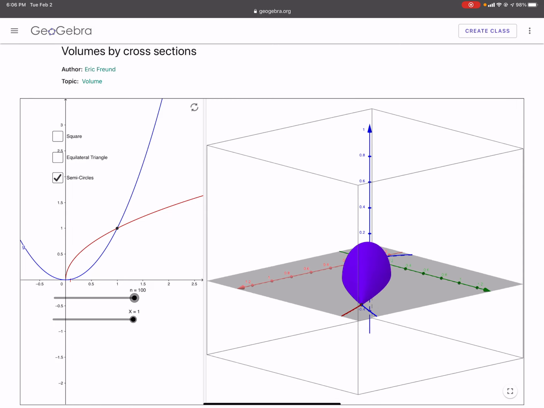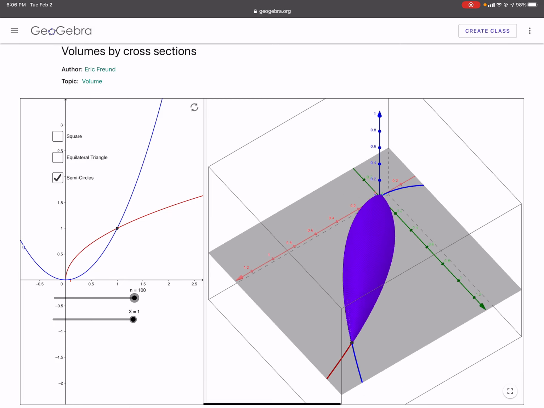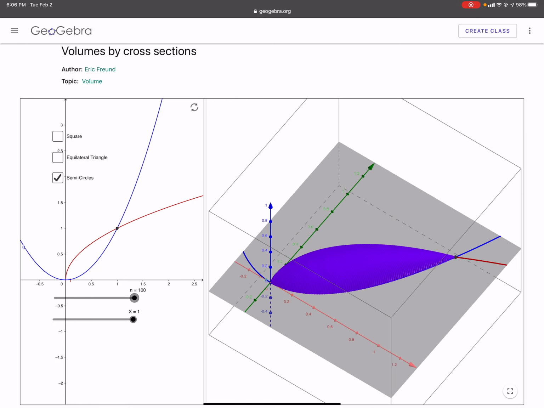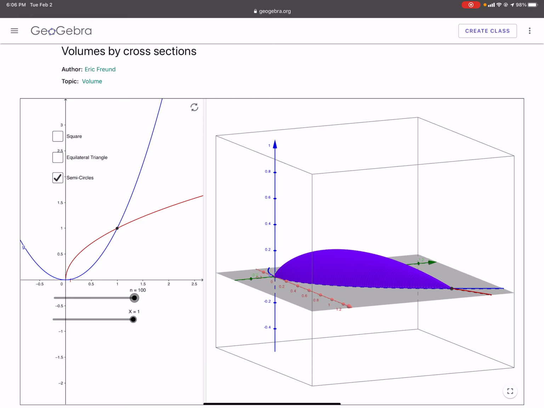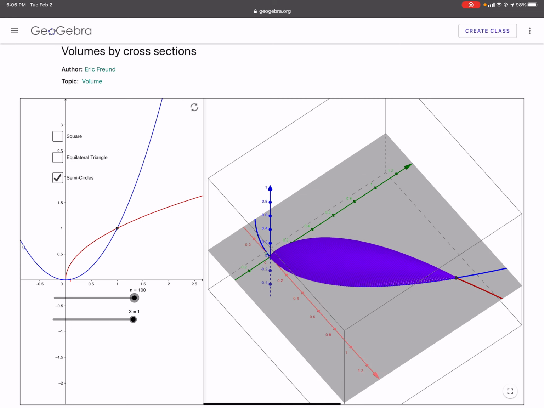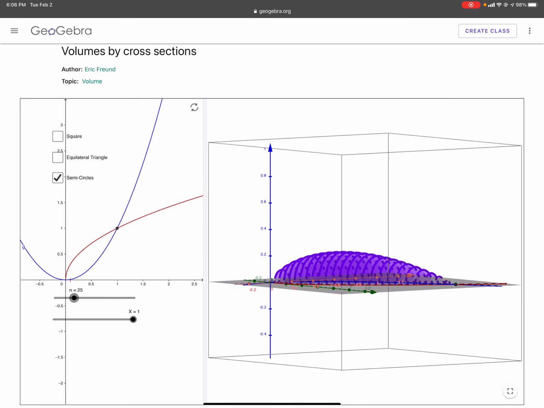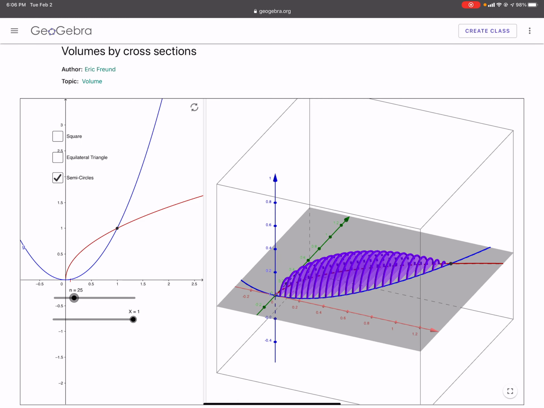Looks like a fishy, right? Pretty cool looking thing. So that's cross sections, and that's the concept you have to get. We have to add up all the slices, and these things are growing on top of our base.